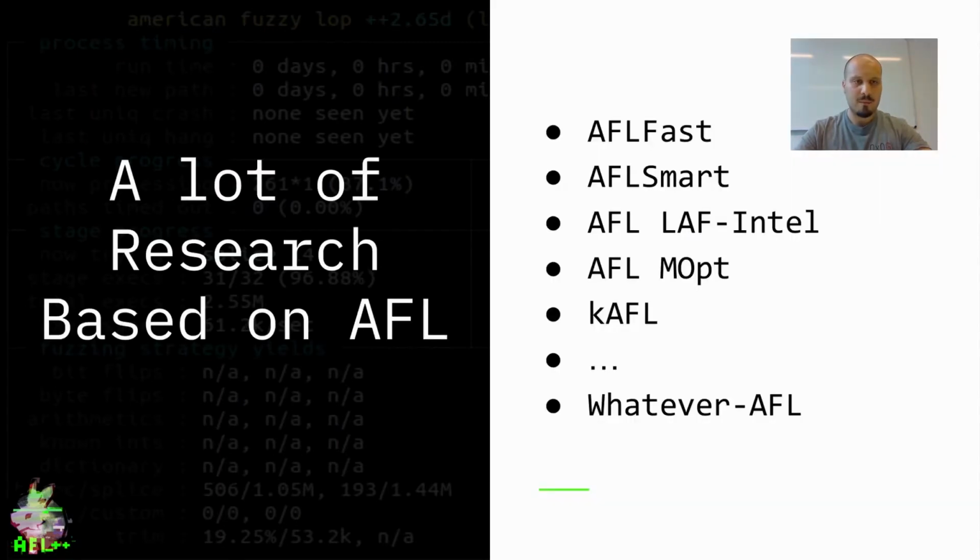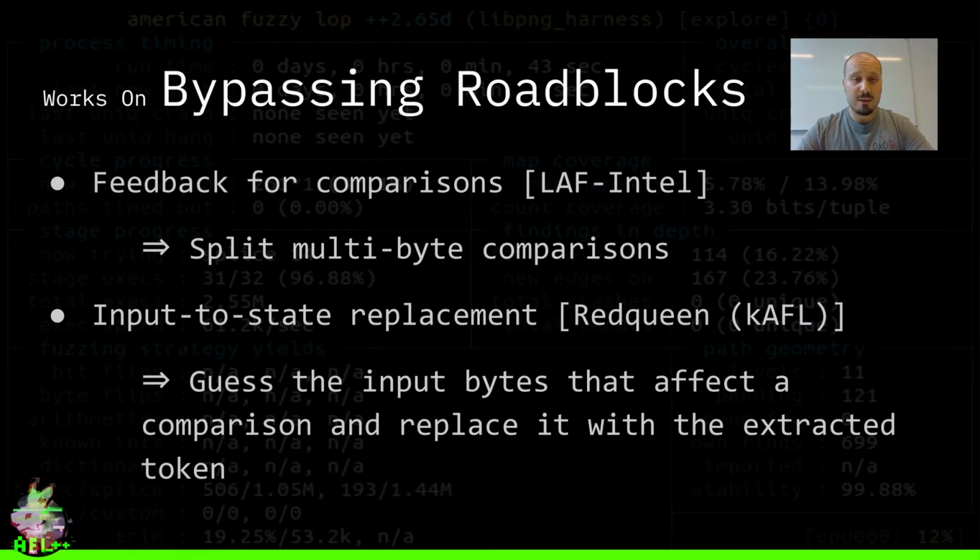As I said, a lot of research, new techniques and new fuzzers are based on AFL. There are also works that try to deal with the problem of fuzzing roadblocks, which are particular constructs in the code that make the exploration of code coverage by the fuzzer hard.